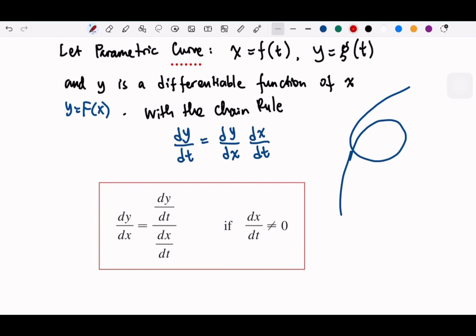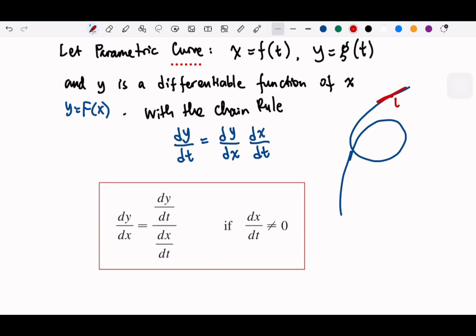If we would like to know the tangent at a certain point, for example this tangent here, of course the point now is not xy, the point is t.